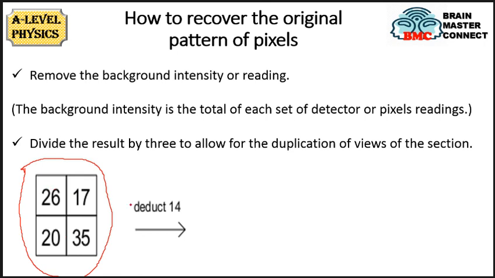So I said we remove the background setting, which means I'll be deducting it from this. That will be 26 minus 14, then 17 minus 14, then 20 minus 14, then 35 minus 14. If that is done, then I'm going to have another new one again.